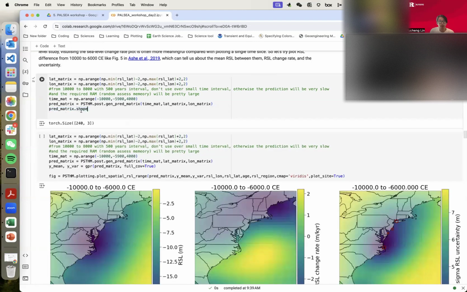Here we have predicted 240 data points, so it should be all right. Remember that we're changing the spatial resolution to 2 degrees, and we're changing the temporal resolution to 4,000 years. So we are only calculating at -10,000 years and -6,000 years CE, and seeing what's the difference of sea level change.